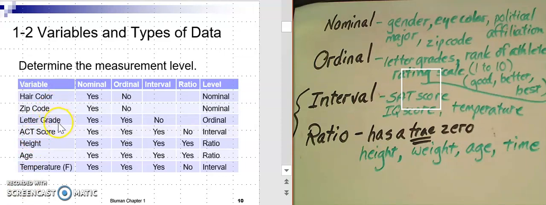But when you think about letter grades, you can put those in order, and some letter grades are better than others. ACT, that is a numerical score, but here again, it's not going to start off at a 0, so that's an interval measurement. Height and age, those are ratios because they start off with a true 0, whereas temperature is an interval measurement because you can have measures below 0. You don't have a true 0 as such.